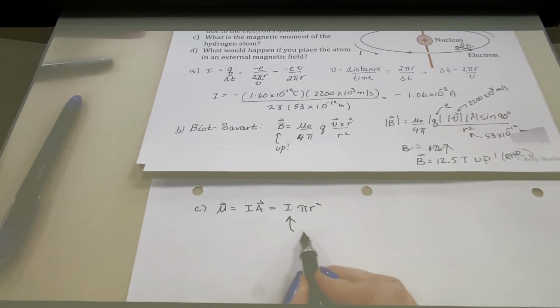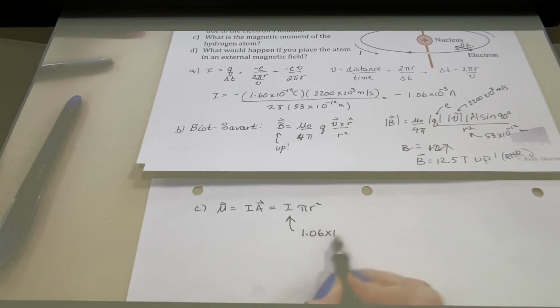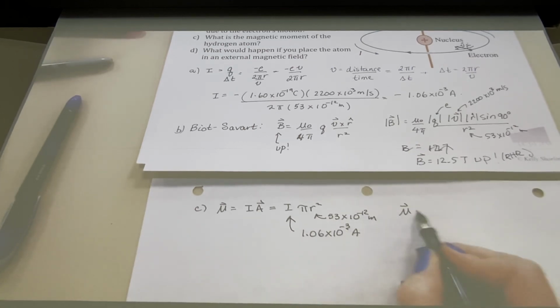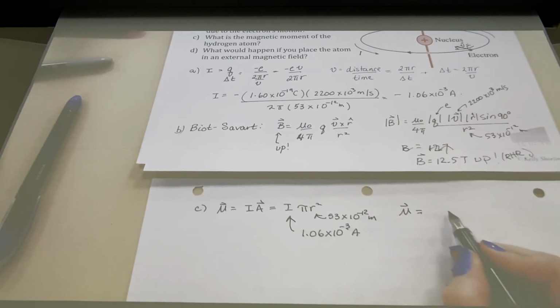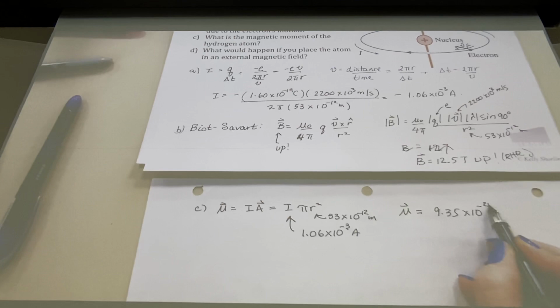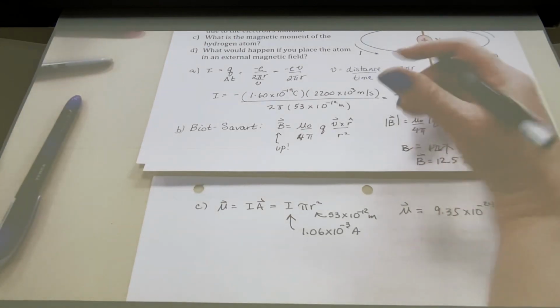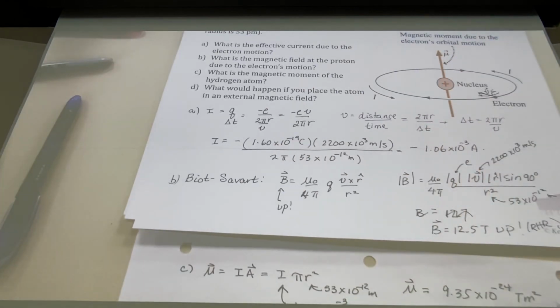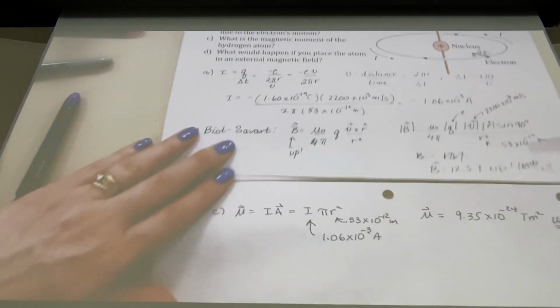Our current was 1.06 times 10 to the minus 3 amps. R is 53 times 10 to the minus 12 meters. So our magnetic moment is 9.35 times 10 to the minus 24 Teslas times meters squared. To find the direction of magnetic moment, you curl your fingers with I, your thumb shows your moment, so that points straight up. So there's the magnetic moment.